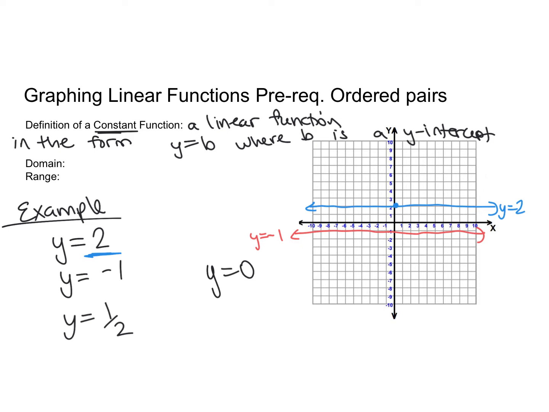But you can see that we're not going to have the same domain and range that we had for our linear functions that are not special. What do you think would be affected depending on the domain and range? Like, which one would be affected? Or different, I should say.